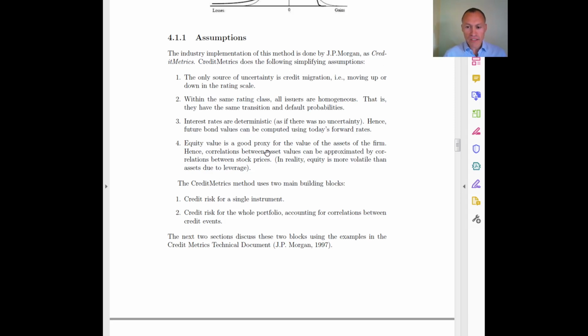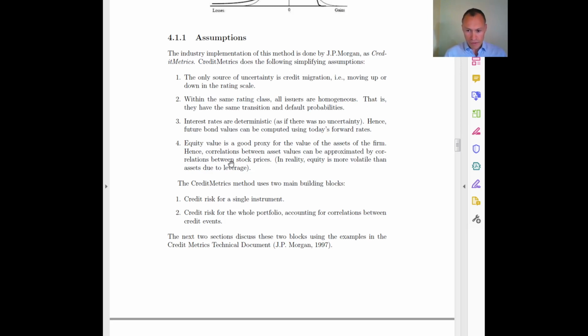The fourth assumption is that equity value is a good proxy for the value of the assets of the firm. Recall that in Merton's model, the driver was the asset value, but that is not observable. So what we're going to do is use equity as a proxy for the unobservable asset value.